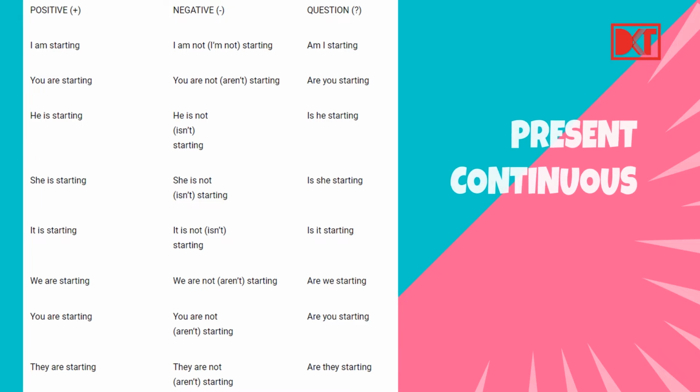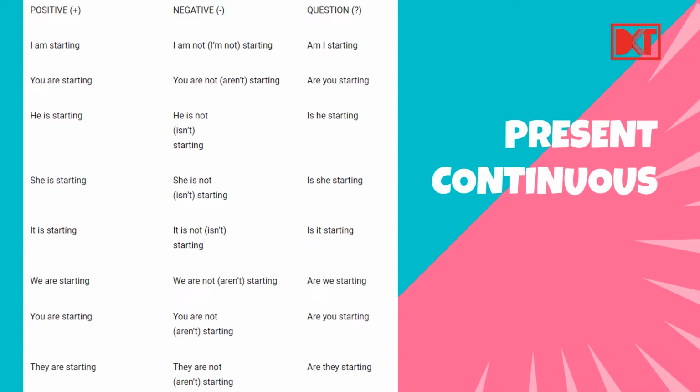So now we have present continuous. Let's see how we are going to do present continuous. Here, positive sentences, negative sentences and questions. Alright.